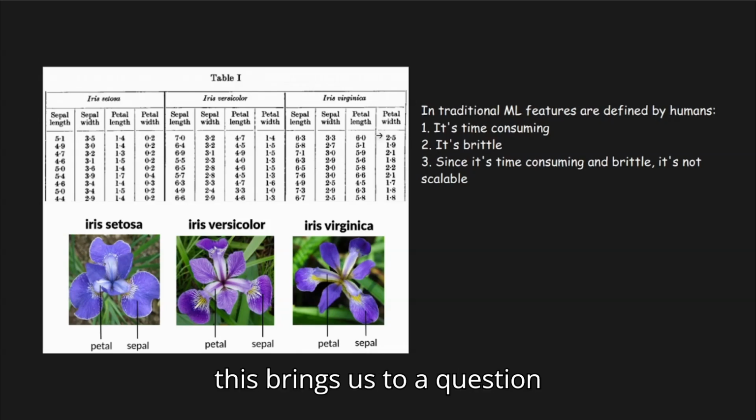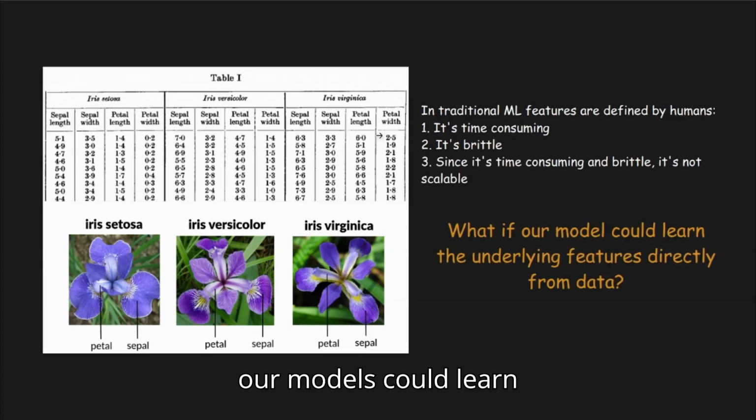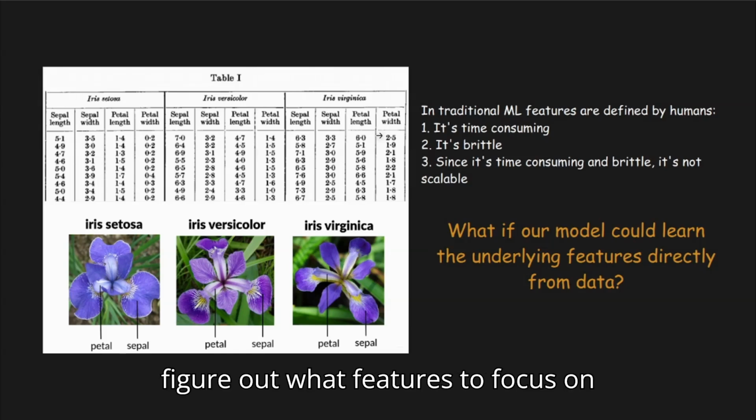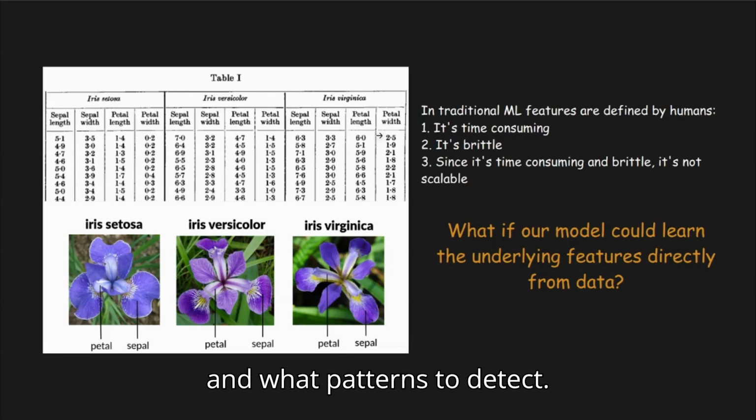Now this brings us to a question: what if our models could learn and find out what features to adapt to and find patterns from the data itself? We can give our model a large dataset and it can figure out what features to focus on and what patterns to detect.